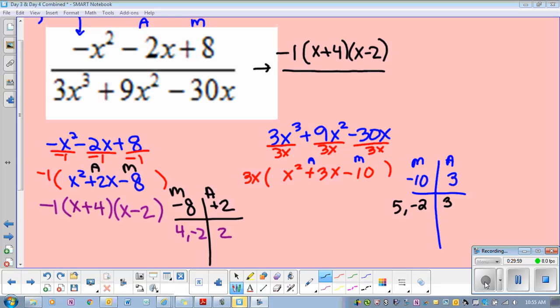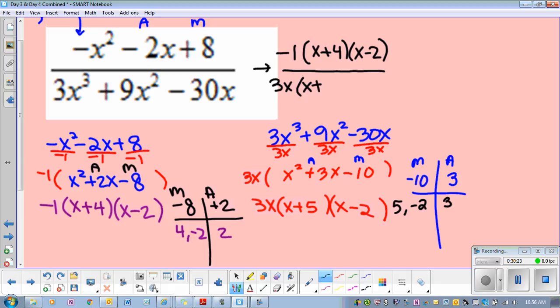Well, thank you for giving everyone a chance to try. And that's the thing, if you just keep doing a lot of factoring, the number combinations start to come naturally, you're like, oh yeah, it's this one. But don't feel like you have to rush. All right, so don't forget to bring down your 3x, and then you have x plus 5, x minus 2, yeah?